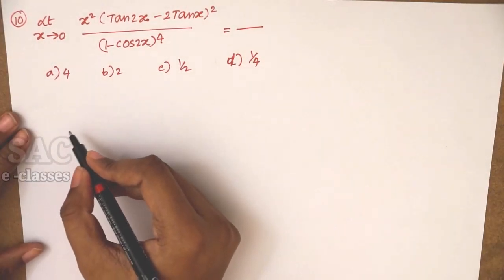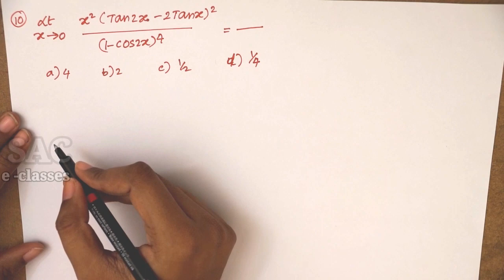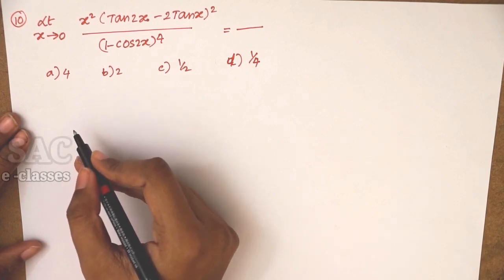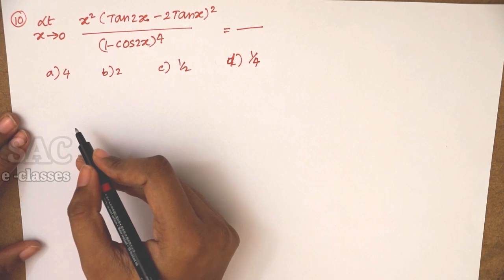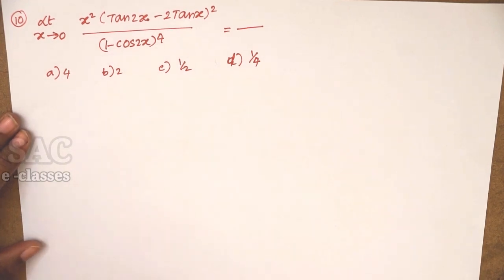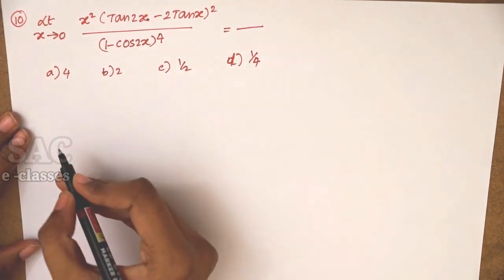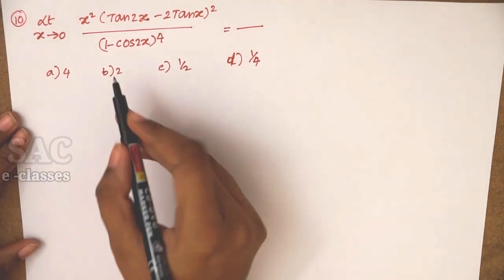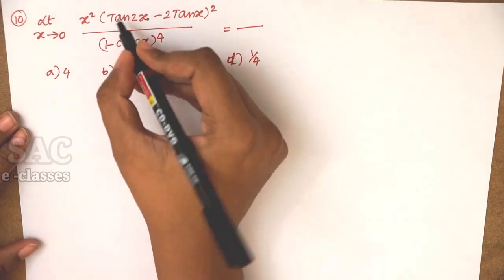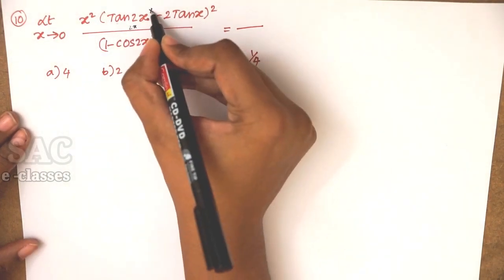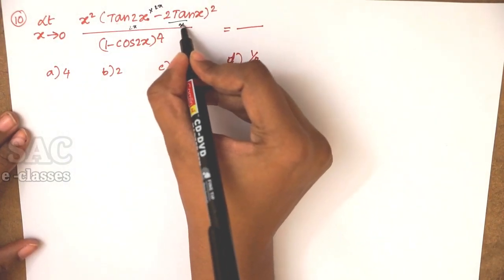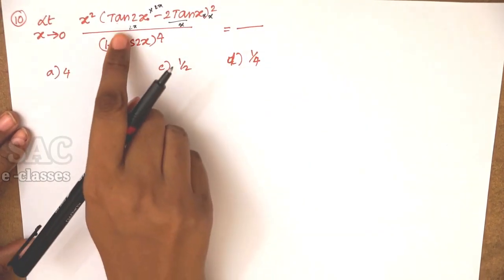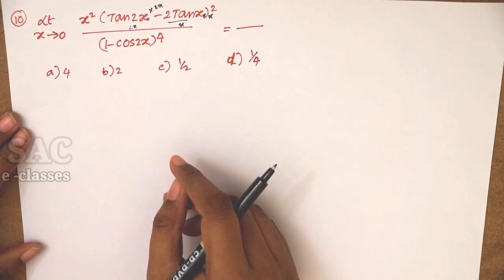Limit x tends to 0, (x square tan 2x minus 2 tan x) by (1 minus cos 2x) whole power 4 is given. It is clearly in the form of 0 by 0, so an undefined form. Maybe if you take it here by 2x into 2x or by x into x, also we are getting 0 by 0 form only.